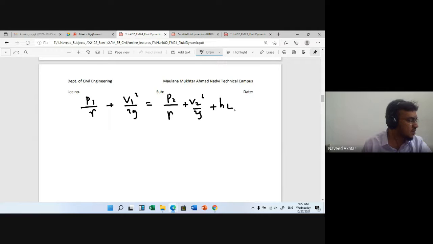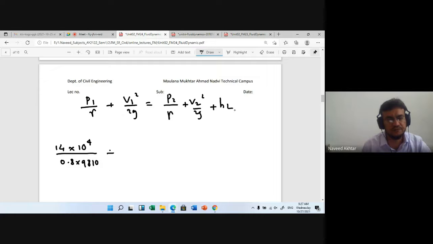P1 upon gamma is 14 times 10 raised to 4 divided by 0.8 into 9810, 9810 being rho, plus V1, which is 0.25 times V2.